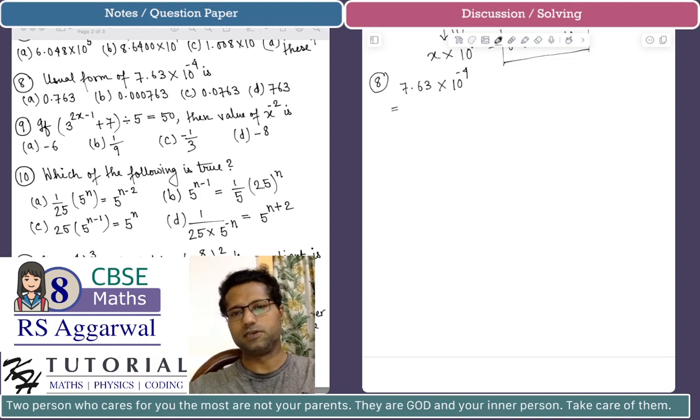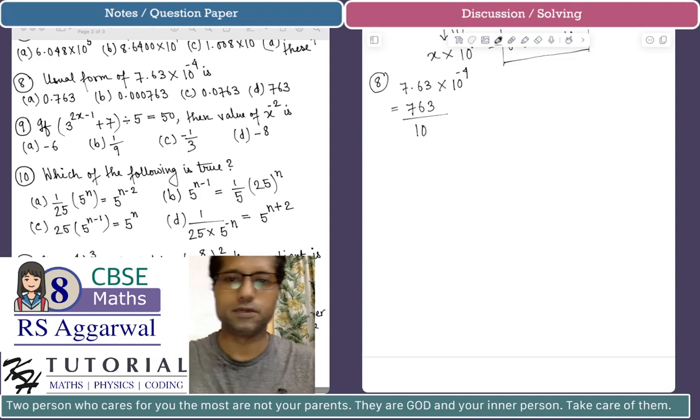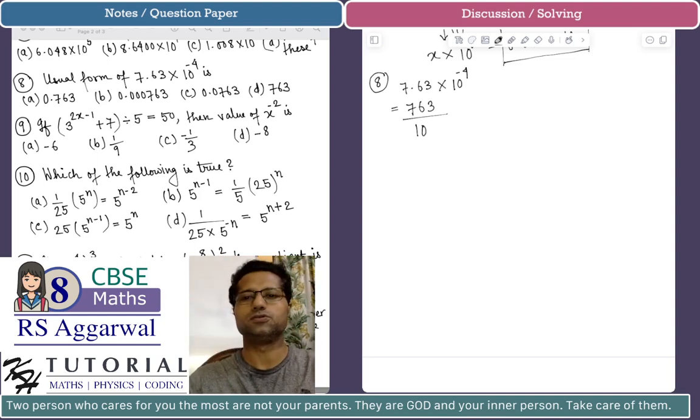The numerator will be the given number as a whole number, ignoring the decimal point, that is 763, divided by 10 to the power equal to the number of decimal places of 7.63. The decimal places is 2, so 10 square.